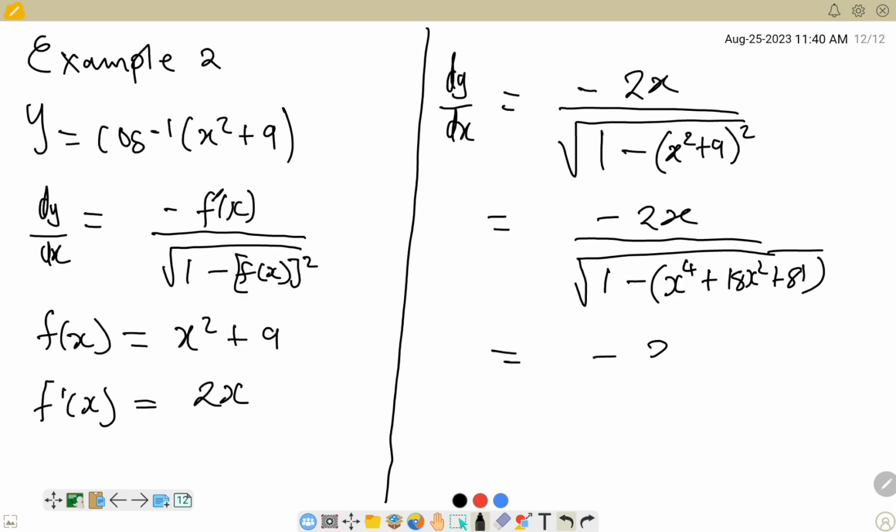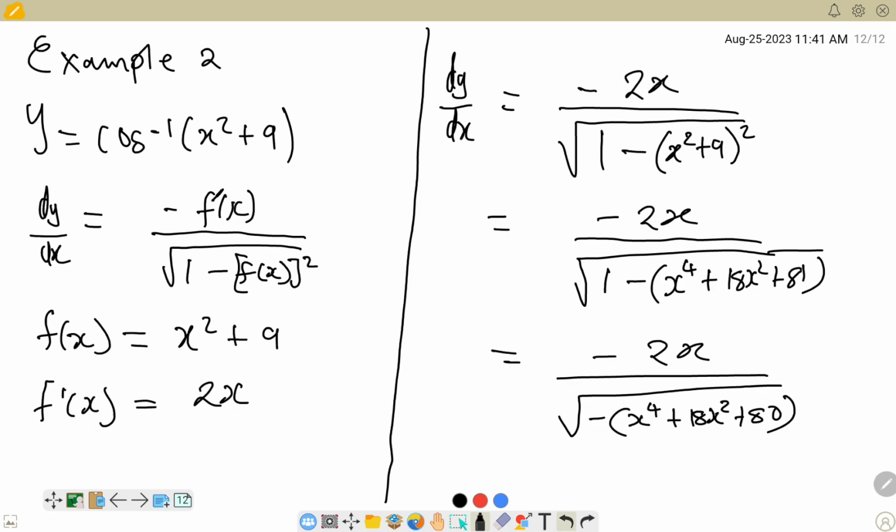As you work through the brackets inside that square root, you will end up having x to the power 4 plus 18x squared plus 80. You can try to simplify and see if you're having the same answer. You can pause this video as well and try to solve, but you can do it in only 2 steps.